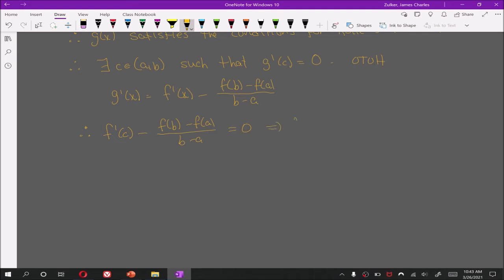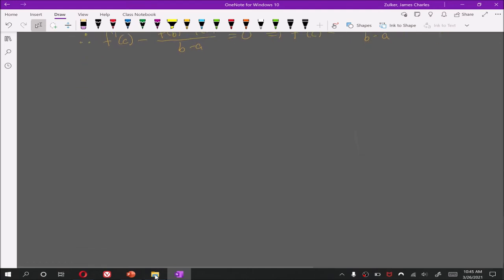And we can solve for f prime of c to get f prime of c is equal to f of b minus f of a all over b minus a, which is the result we wanted. And so the result is established. The proof is complete.